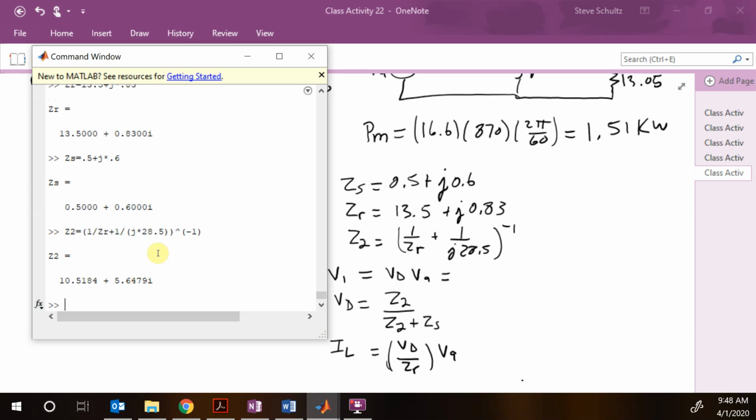Okay, and then you see right here we're trying to find our voltage divider. Voltage divider is equal to Z2 divided by Z2 plus ZS. Okay, and then we're trying to get this portion of our IL. So we're going to go IL equals our voltage divider divided by ZR.